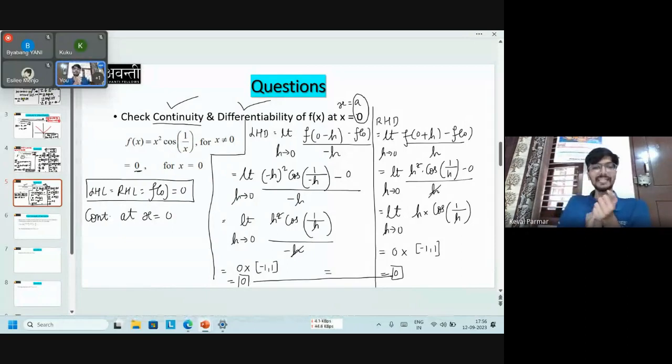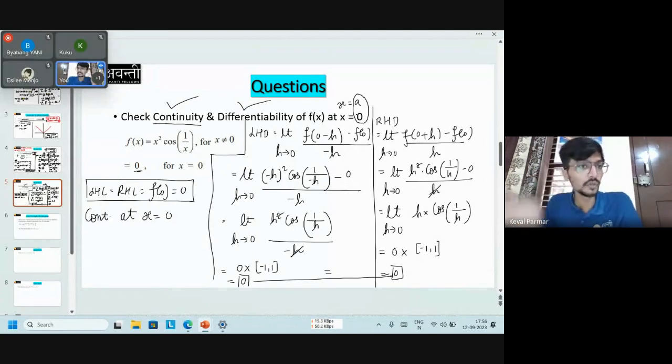Next time we'll be finding the formulae. Like, you know, what is the derivative of sine x? It is cos x. So how did that formula come? Why is the derivative of sine x equal to cos x? That all will be derived next time by using the same first principle.